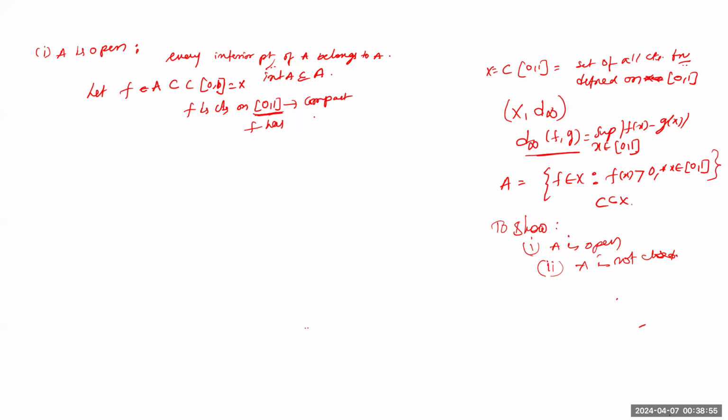So by the extreme value theorem, there exists a small m greater than 0 such that f of x is greater than or equal to m, and m is greater than 0.